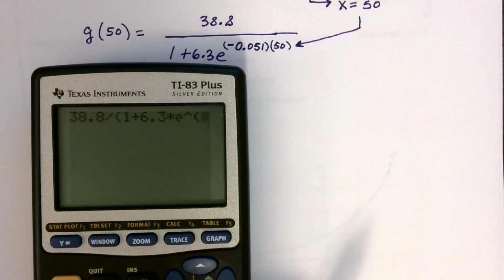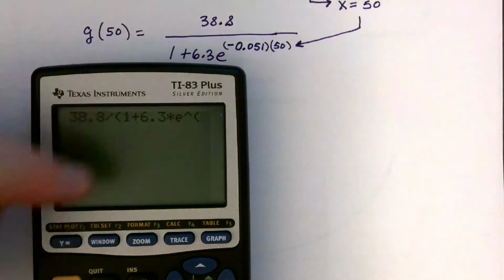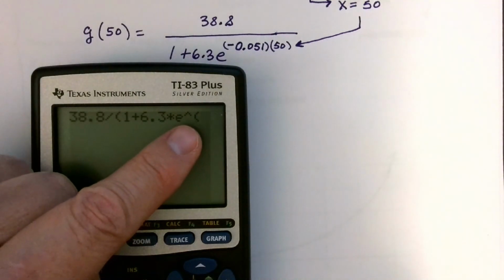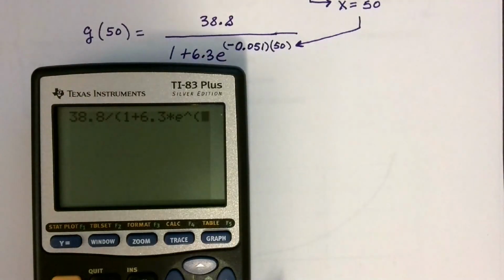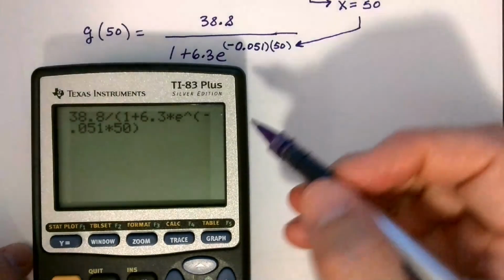Okay, and it gives me in this version the exponent, right? And then in parentheses, what do I need to put? Negative 0.051 times 50.